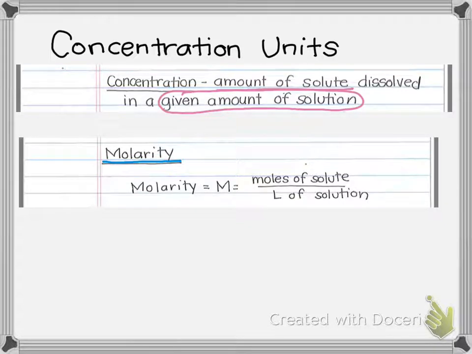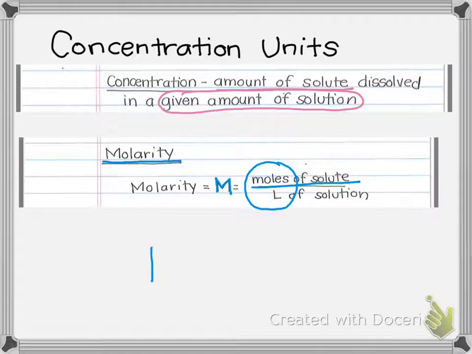And molarity, which is abbreviated with a capital M, is the moles of the solute divided by the liters of the solution. So look carefully here, because the units for molarity are different than the units we used in percent concentration in a previous video.